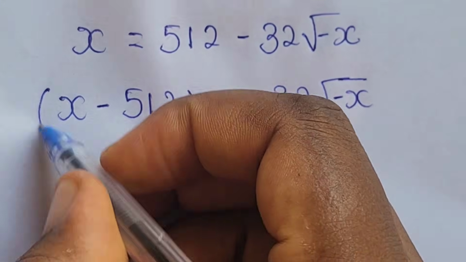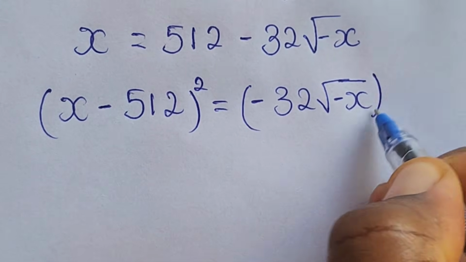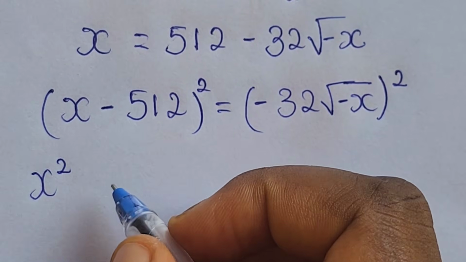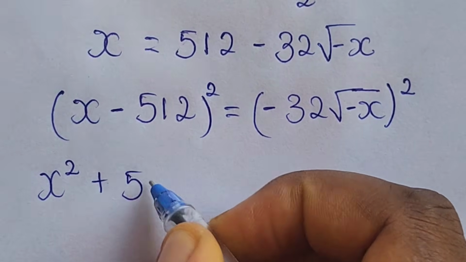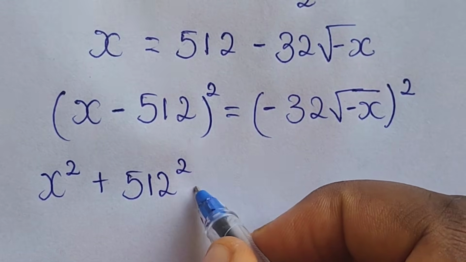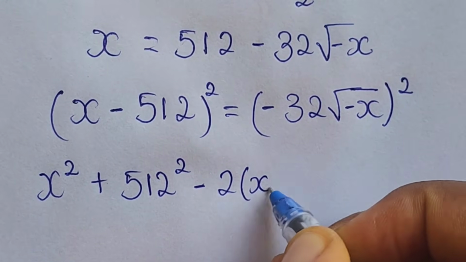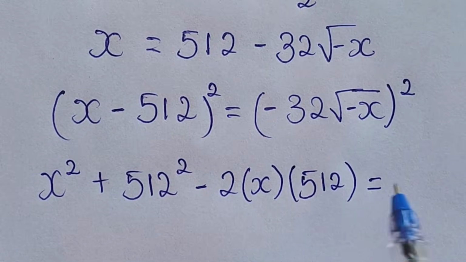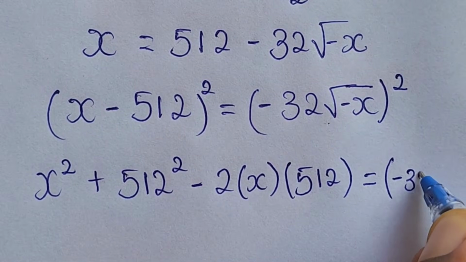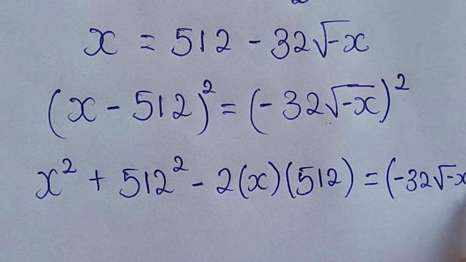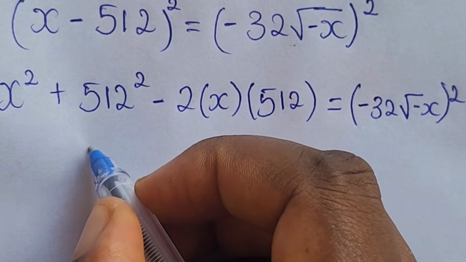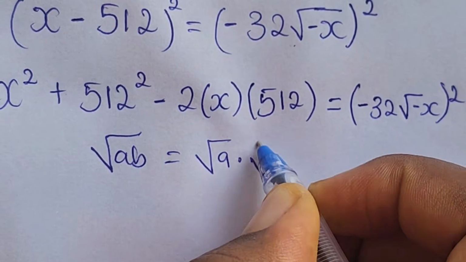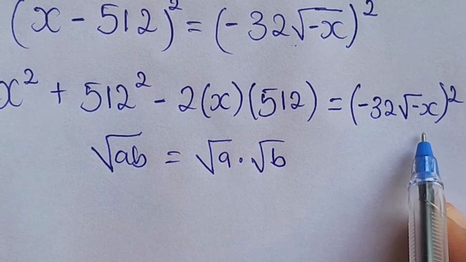So when we square both sides from here, the left hand side will give us x squared plus 512 all squared minus 2 times x times 512, and is equal to, so I have minus 32 root minus x all squared. Let's recall when we have root ab, this is the same as root a times root b. So we'll be splitting the right hand side.